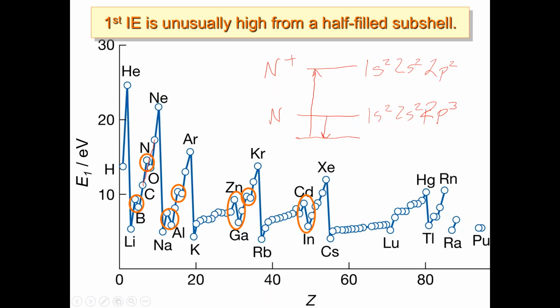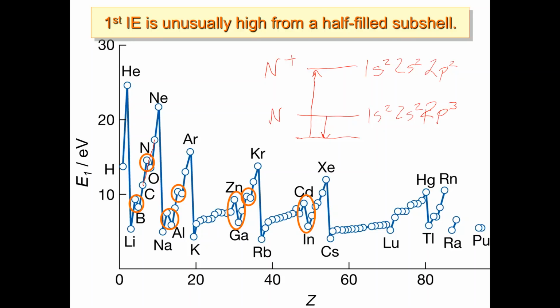Therefore, the difference is bigger. That's where we get the claim from the data that half-filled subshells are stable, because they're dropping in energy a little bit, and nitrogen has a higher ionization potential than would have been predicted. Okay, so these claims, half-filled subshells are stable and fully filled subshells are stable, come from this ionization data.